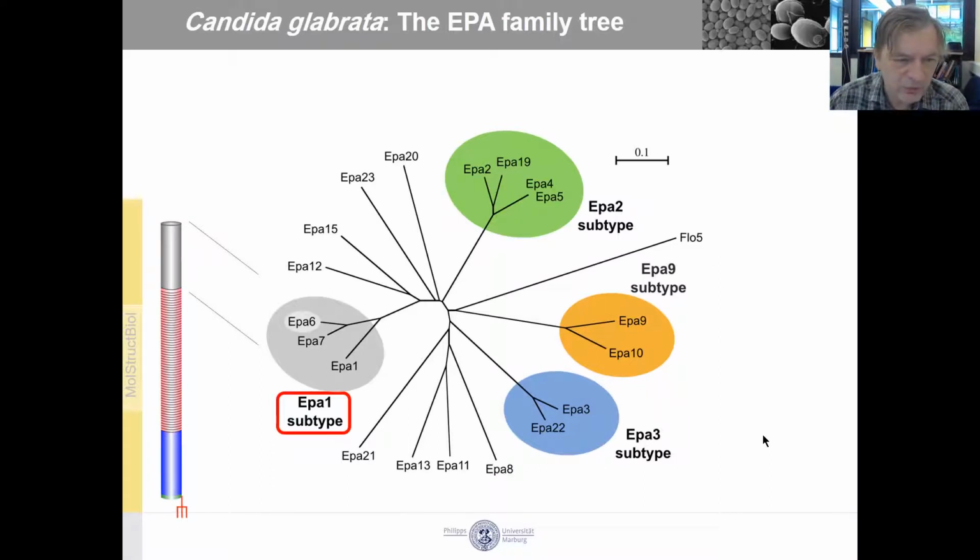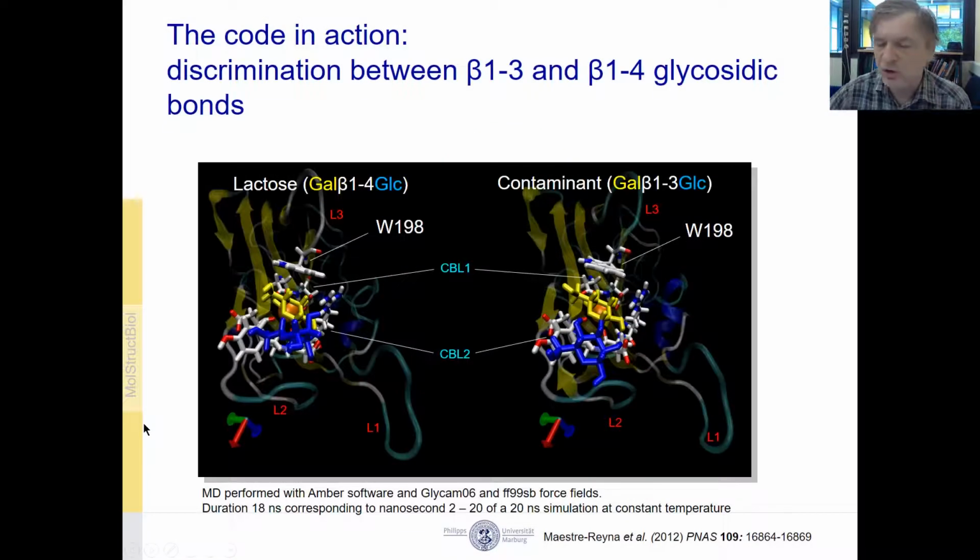They are all related with each other and all have the same overall structure. Clearly, we did structure analysis of those ones and analyzed the specificity profile and found that the specificity profile is different. Some of them can accept gal beta-1,4, some of them prefer gal beta-1,3, actually like EPA1. Some of them are a bit more relaxed about this.